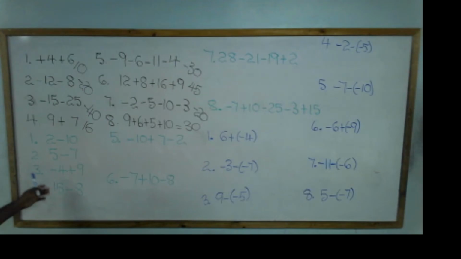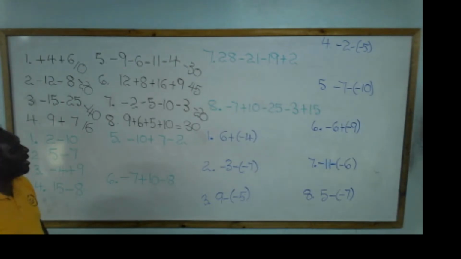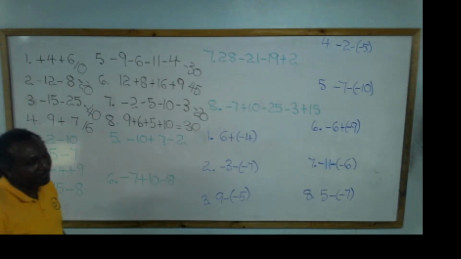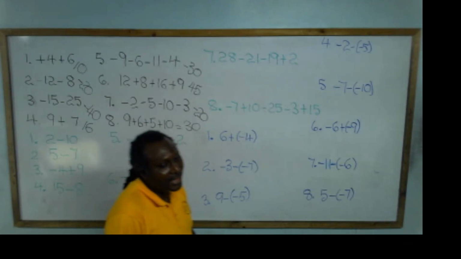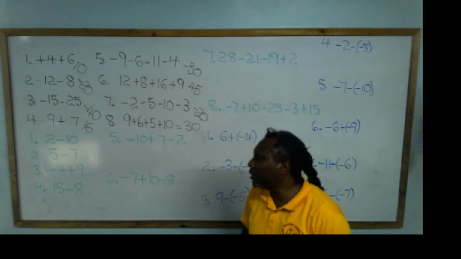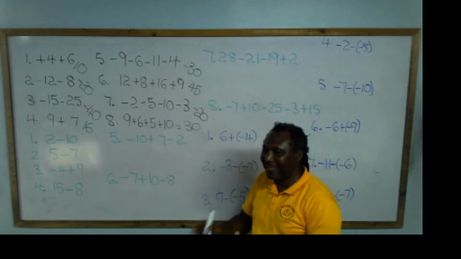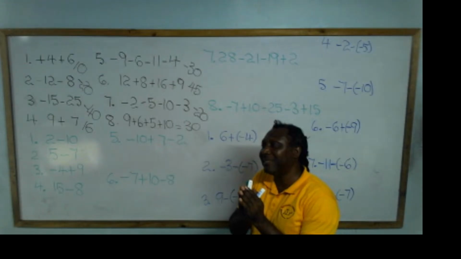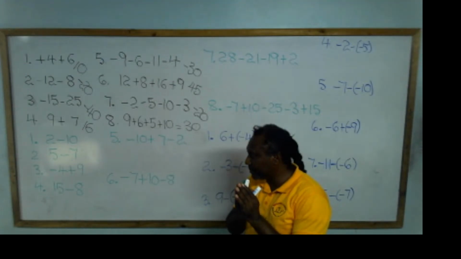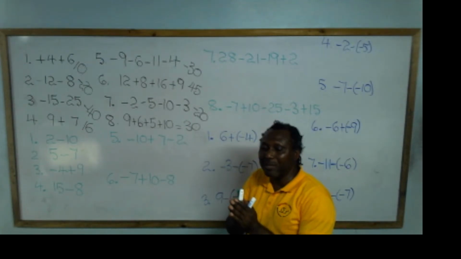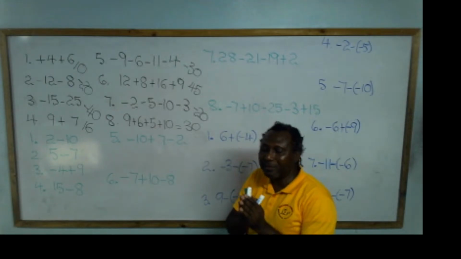Here again, a negative 4 with a positive 9. No discrepancy. And your favorite, 15 minus 8. So the numbers are of different signs. When the numbers are of different signs, what do we do? We subtract the smaller one from the larger, and the answer will take the same sign as the larger. When the numbers have different signs, we find the difference.